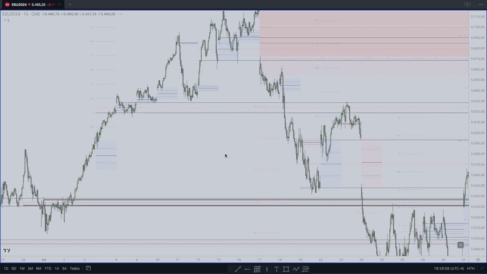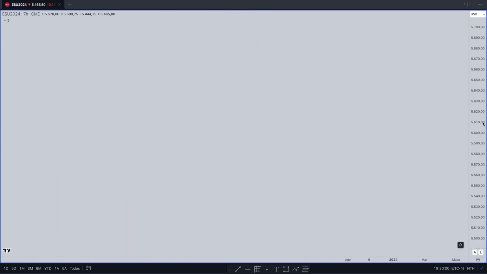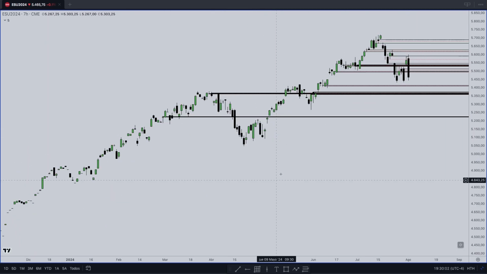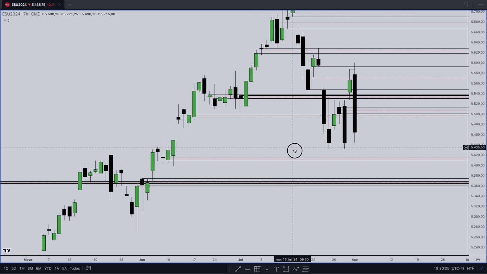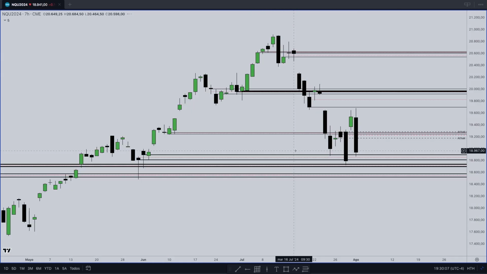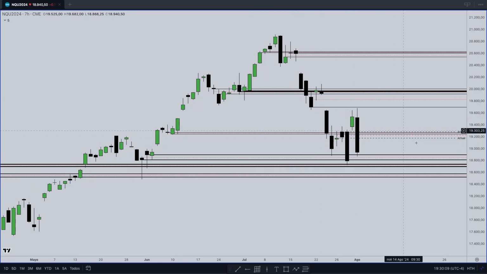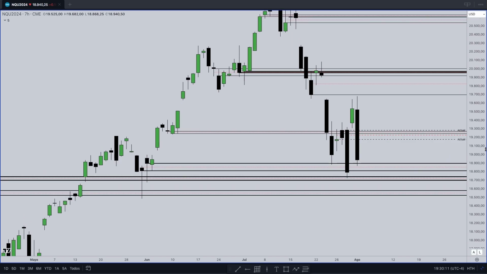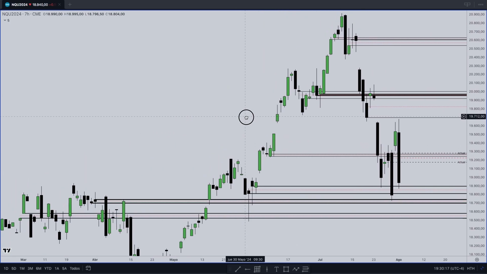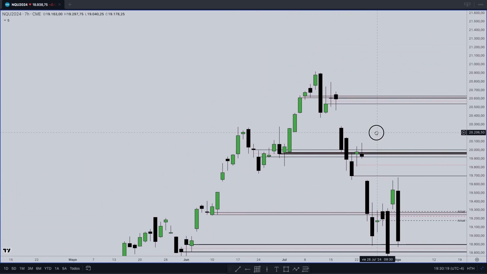Let's move on to the 7-hour chart. This is my daily chart, but regular trading hours. Okay. When you have these breakaway gaps, you want to see the standard deviations of these gaps.